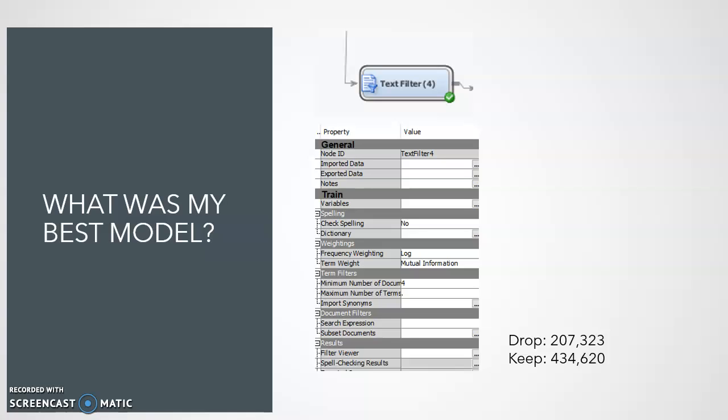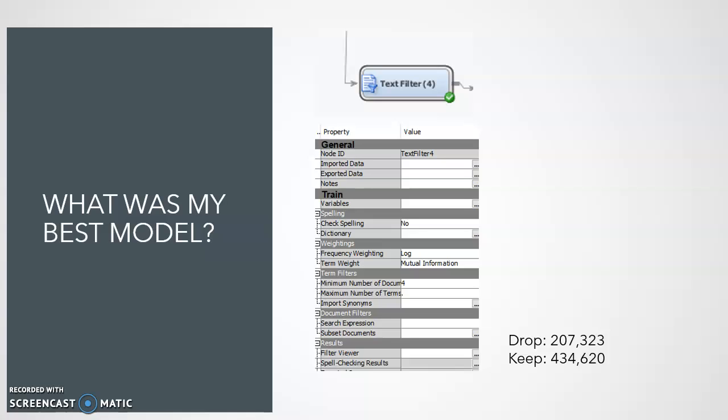And this is really where I got into how I differentiated each one of the models that I built within my entire diagram and project. So what I did was on the weights, I did my frequency weighting and log, and then my term weighting and mutual information.